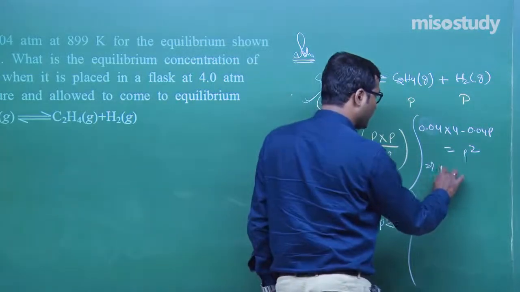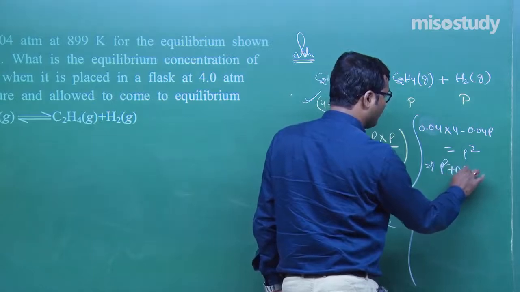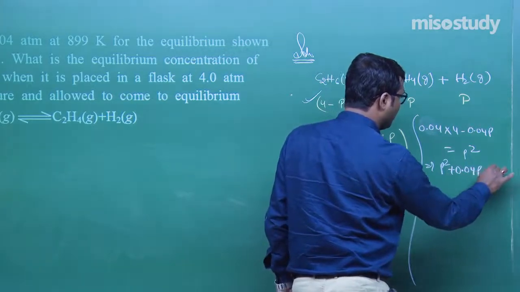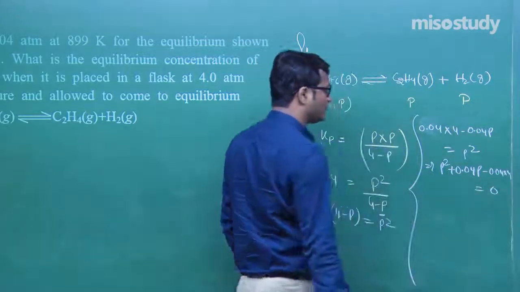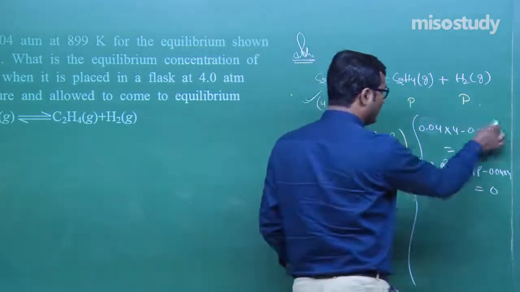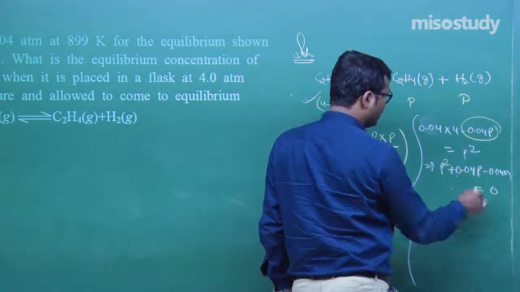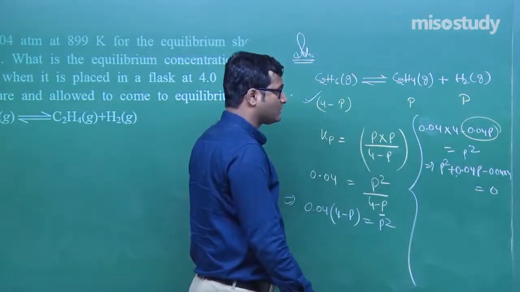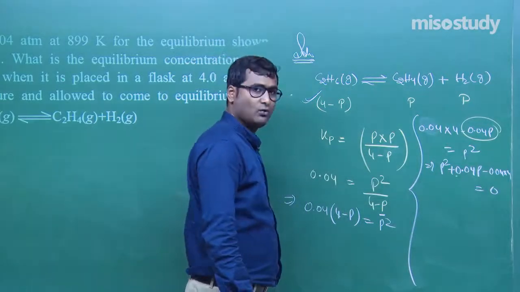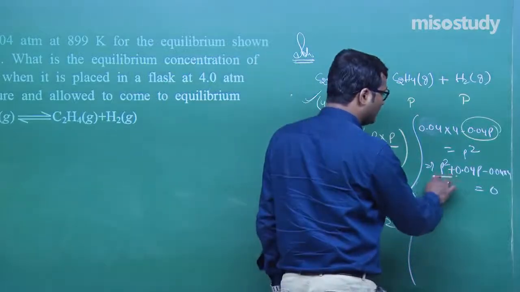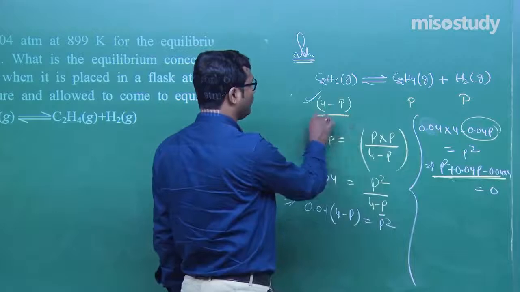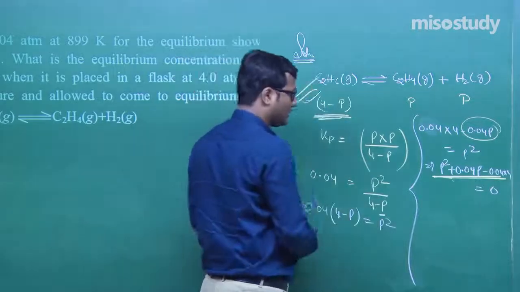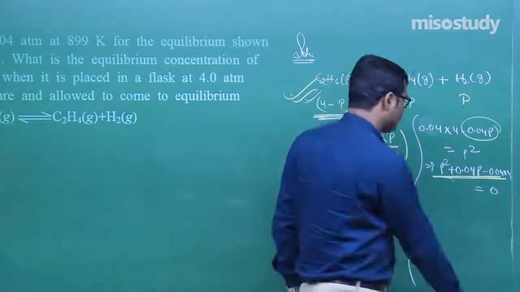Now the expression will be P square plus 0.04 P minus 0.04 into 4 is equal to 0. Let me check once. Now you can solve the value of P, and when you put this value here you get the expression. Clear my friend? Yes, definitely.